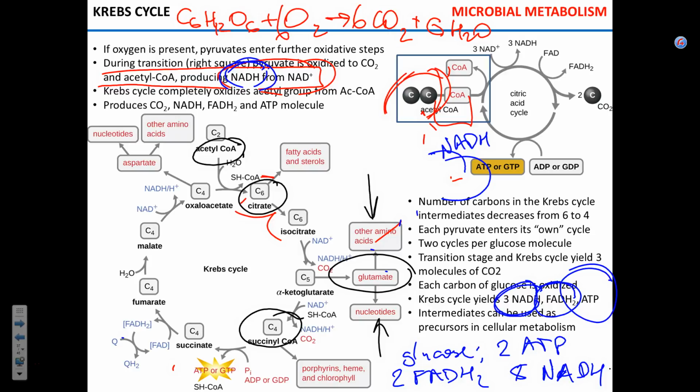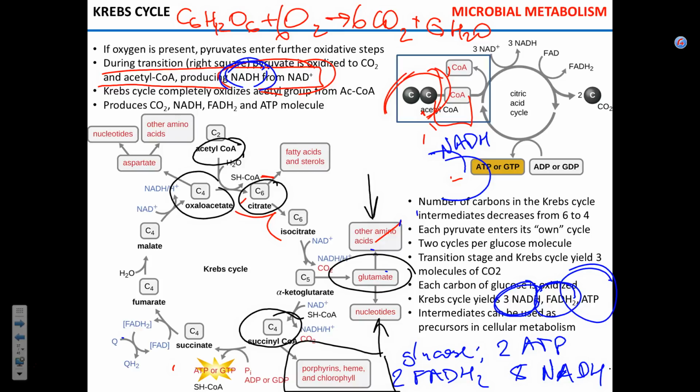Succinyl-CoA can be used to synthesize complex organic molecules like heme, which is not that interesting for microbes, but also porphyrin and chlorophyll. Porphyrin and chlorophyll are important pigments. Chlorophyll is the light-absorbing pigment in photosynthetic microbes.